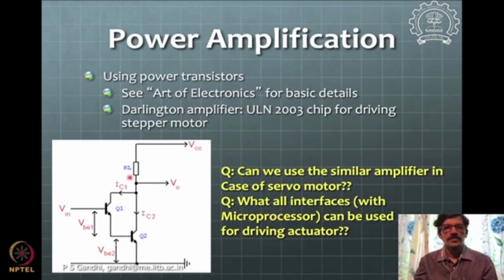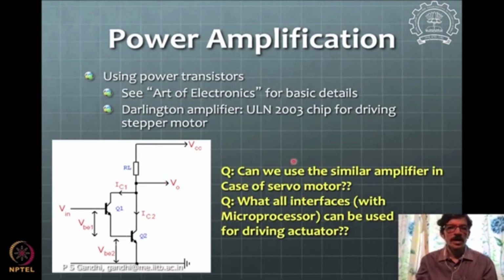If you think about what happens, we need to go back to the transistor characteristics. The transistor characteristics tell us that unless some base bias voltage is there, you cannot fire the current through the collector. That means you need to provide some bias voltage to the transistor before we can expect current to flow in the motor, which is one drawback: you have this kind of a dead band.